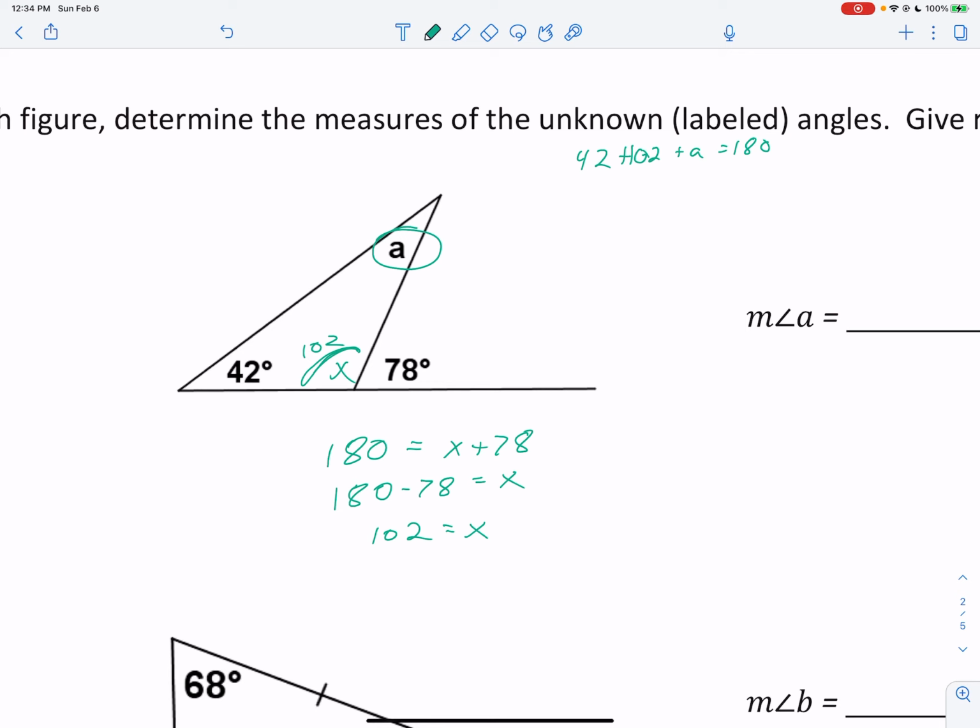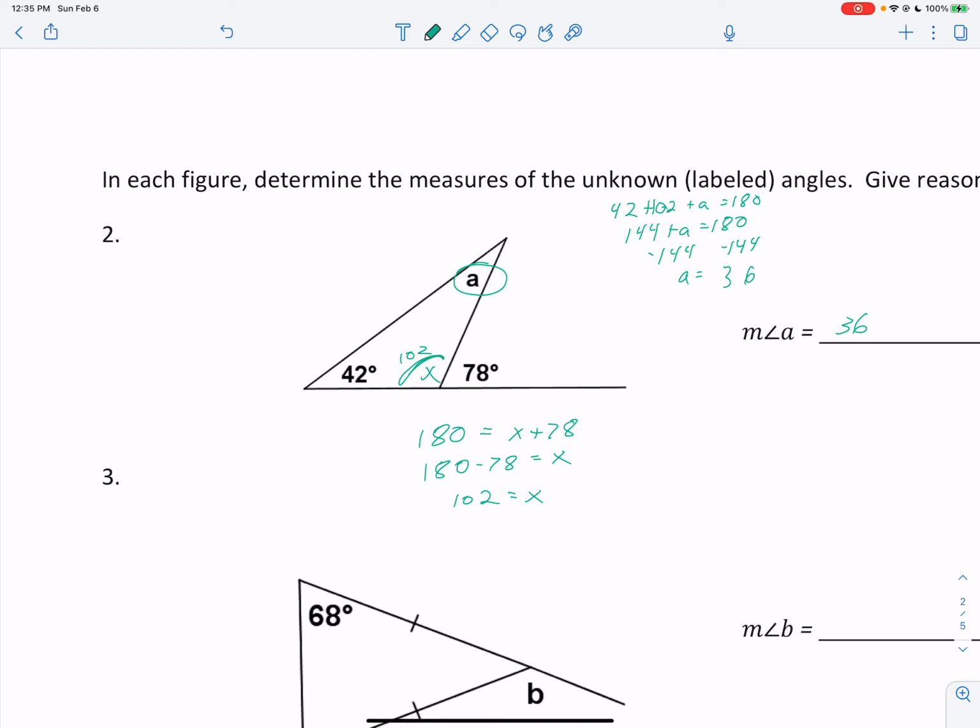So this is 144 plus A equals 180. Subtracting off 144. A equals 36 degrees. I believe that is 36 degrees. And you can always confirm your work by slapping the numbers back in there and seeing if they add up to be 180.